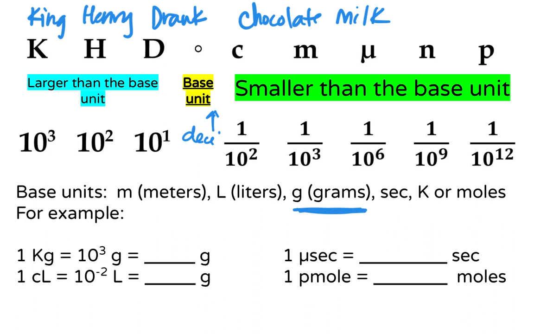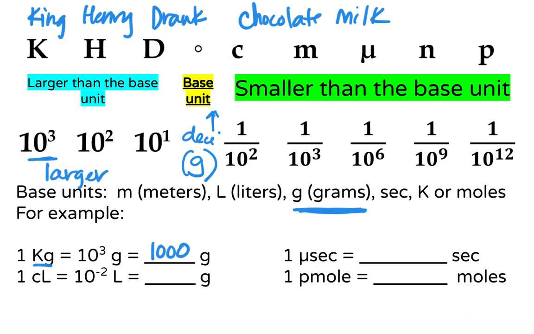If I had to convert from kilograms to grams, for every base unit here, we'll say this is the gram, I have 10 to the third. So this means I'm going to have 1,000 grams for every 1 kilogram, because kilograms are larger than our base unit.